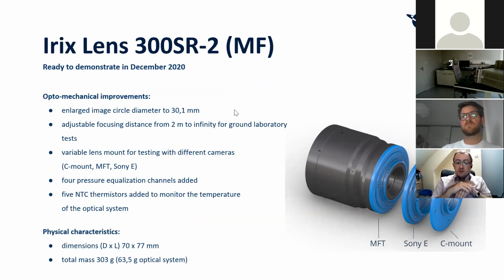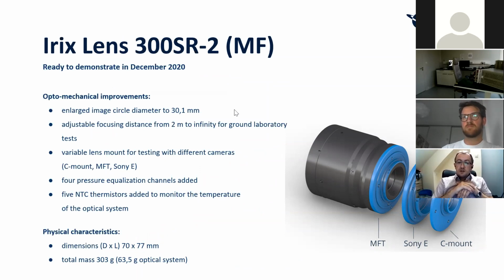One more improvement to the second version of IRIX 300 SR we made is that we added space for NTC thermistors.